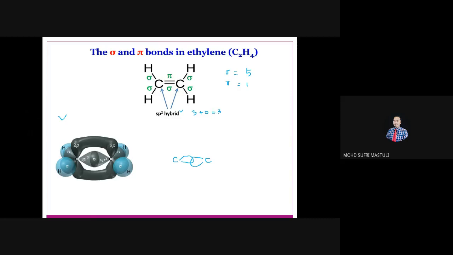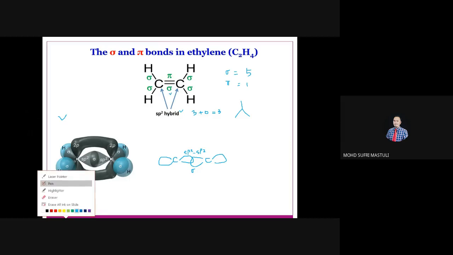So electron domain of 3 is sp2, and also trigonal planar. So this one is sp2 with sp2, and then it is a sigma.